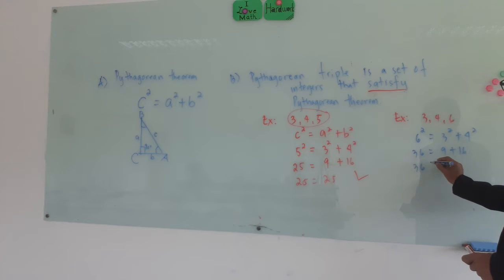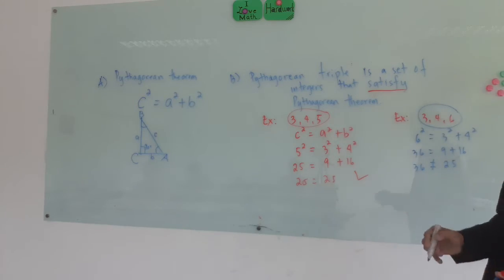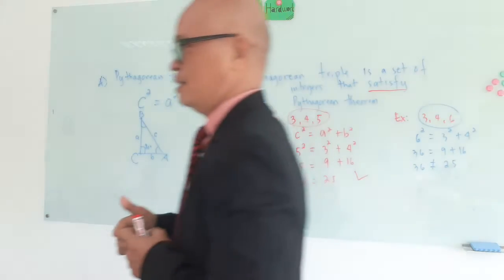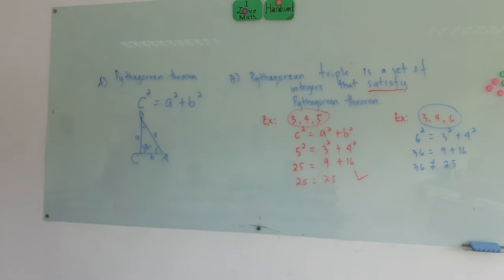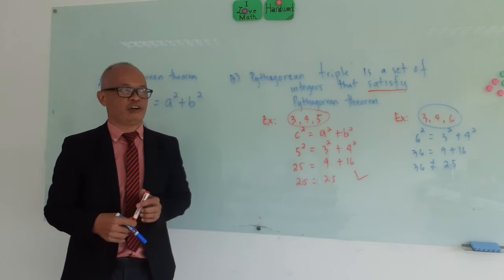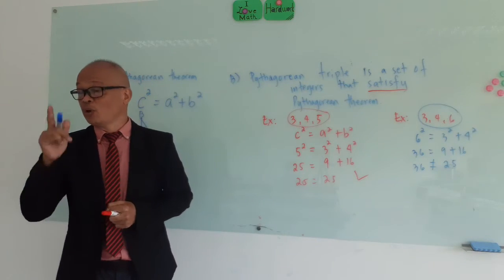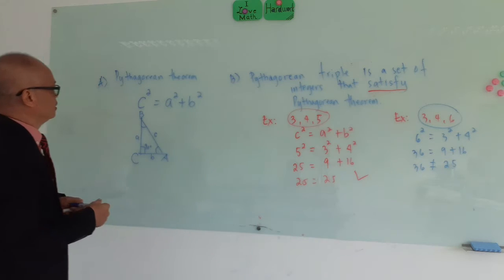Are they equal? No, they are not equal. This is 25. Meaning this set of integers is not the sides of a right angle triangle. It could be the sides of a triangle, but the triangle is not a right angle triangle.